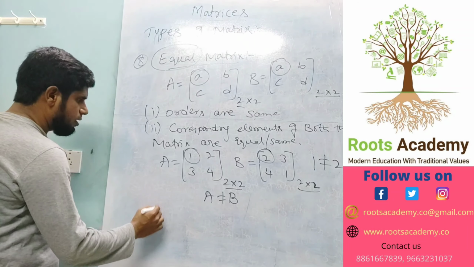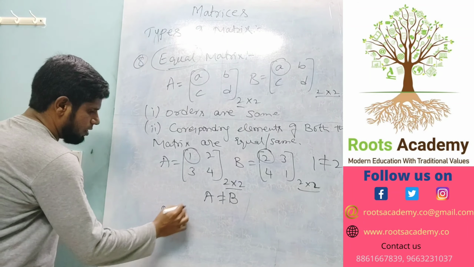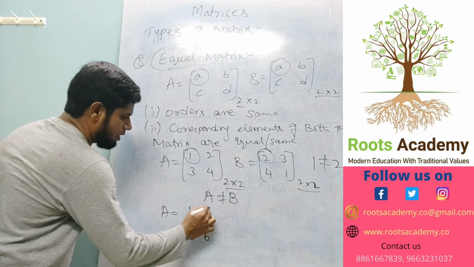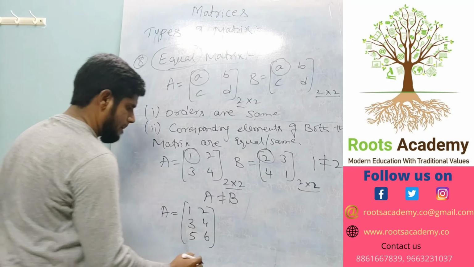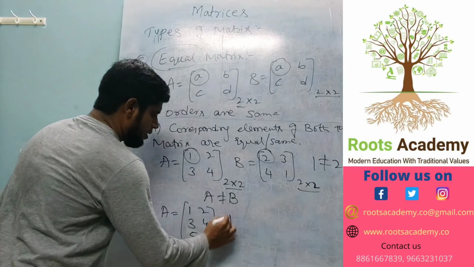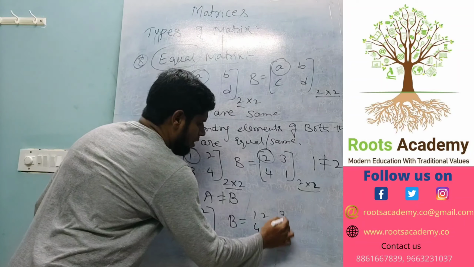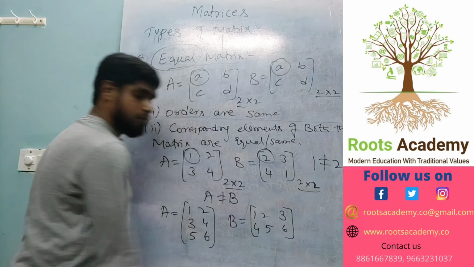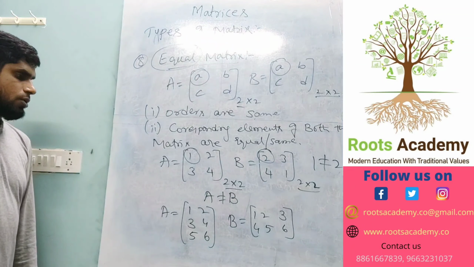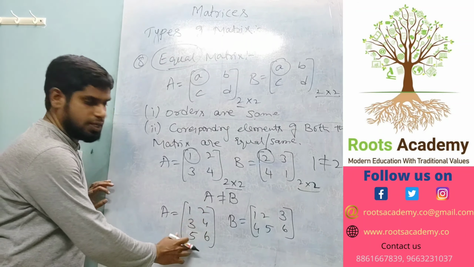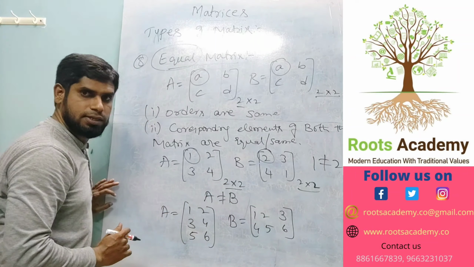So another case. Next, A matrix 1, 2, 3, 4, 5, 6. Another matrix, B matrix, 1, 2, 3, 4, 5, 6. Now student here, obviously there are 6 elements here, and here also we have 6 elements.